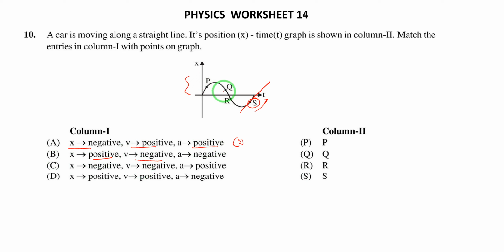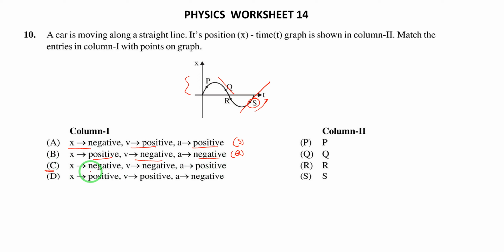V निगेटिव होना चाहिए, इसका मतलब कि Q, क्योंकि स्लोप Q पे निगेटिव है, और A भी निगेटिव होना चाहिए, तो एक्चुअली P और Q दोनों के लिए ही A निगेटिव है, राइट. So Q is the answer to this one.